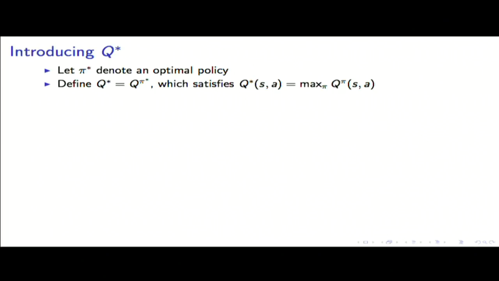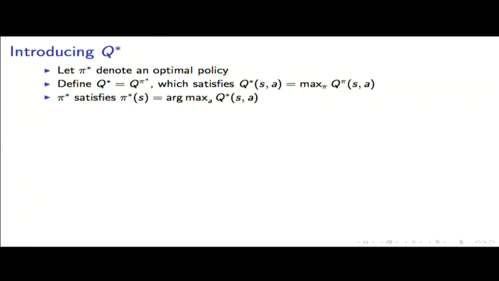Because recall that the Q value just means the expected return if you start with this state action pair. So the return is going to be maximized at that state action pair if and only if you execute an optimal policy for all subsequent time steps. So we can take this maximum over policy. The best possible Q value you can get is obtained by taking the globally optimal policy.